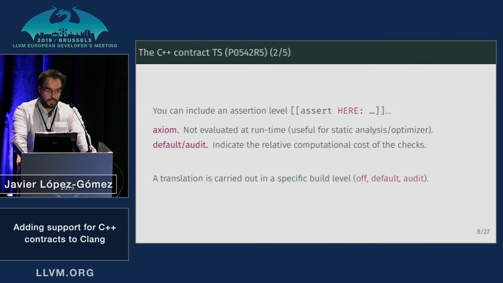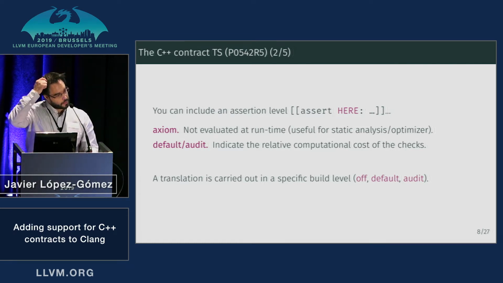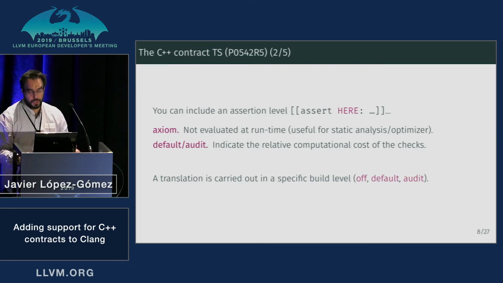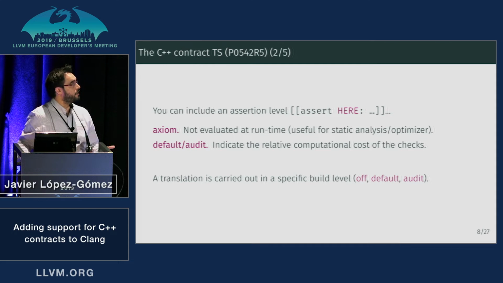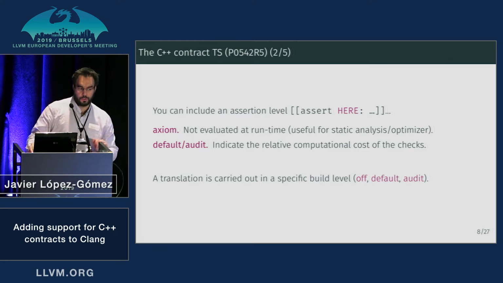Also, any of these three attributes can contain an assertion level which specifies the relative cost of the computation. So when you are building the translation unit, it will take into account up to a given level. So you can emit some checks or ignore others.